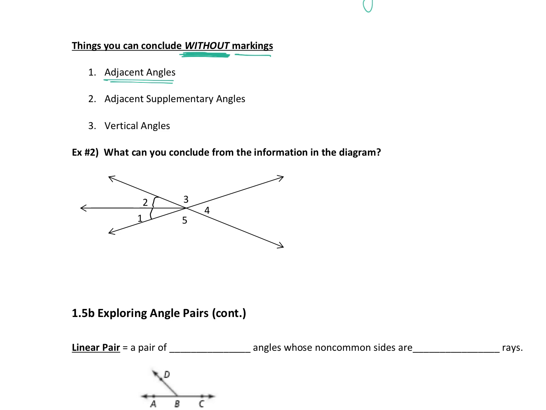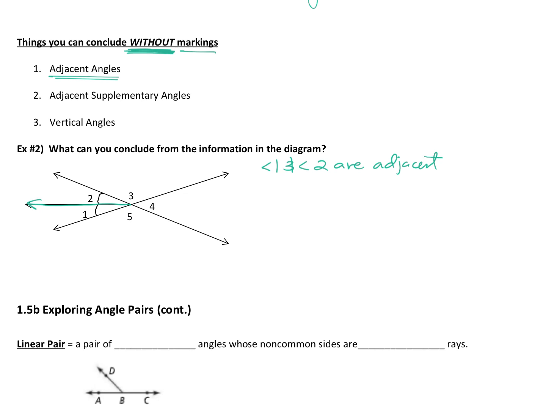So I can look at this picture and say which two angles are adjacent. 3 and 5? No, those would be vertical. 1 and 2 are adjacent because they share this ray and only this ray. 5 and 4 are adjacent. So I could also say 2 and 3.